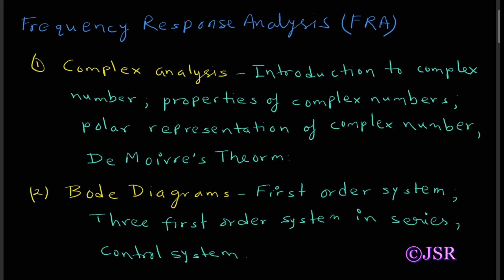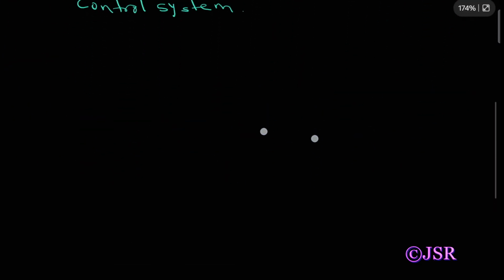So here in the second point, we will see the Bode diagram for the first order system, 3 first order system in series, and for a control system. So now let's continue.